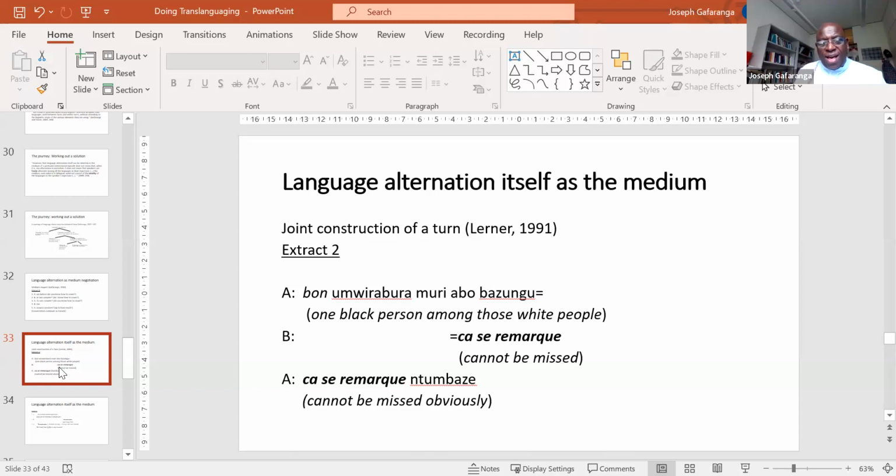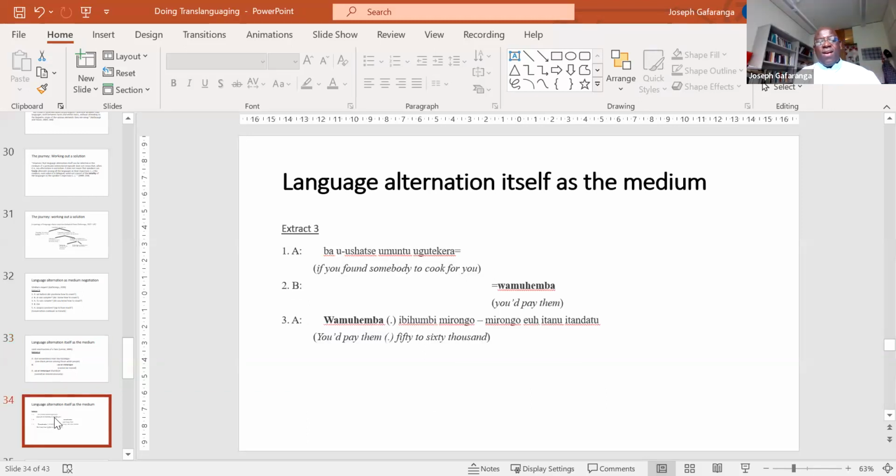We will say either the structure projects that if you have Kinyarwanda in the first part, completion is going to be in French, and we have extract 2 accounted for. But that does not account for extract 3. On the other hand, if we say that the first component projects the second component to be within the same language, we can account for 3, but we cannot account for 2.